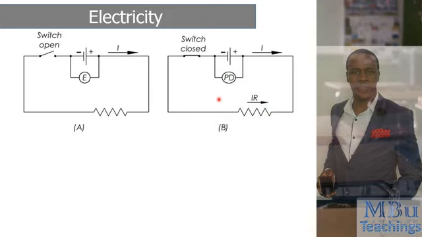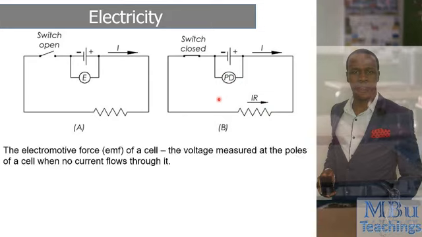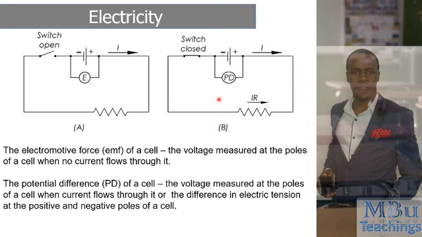Let's go to the definitions quickly. These are the definitions for both of them. The electromotive force is EMF. I'll use E in this teaching. The EMF of a cell is the voltage measured at the poles of the cell when no current flows through it. Of course, the switch is open.